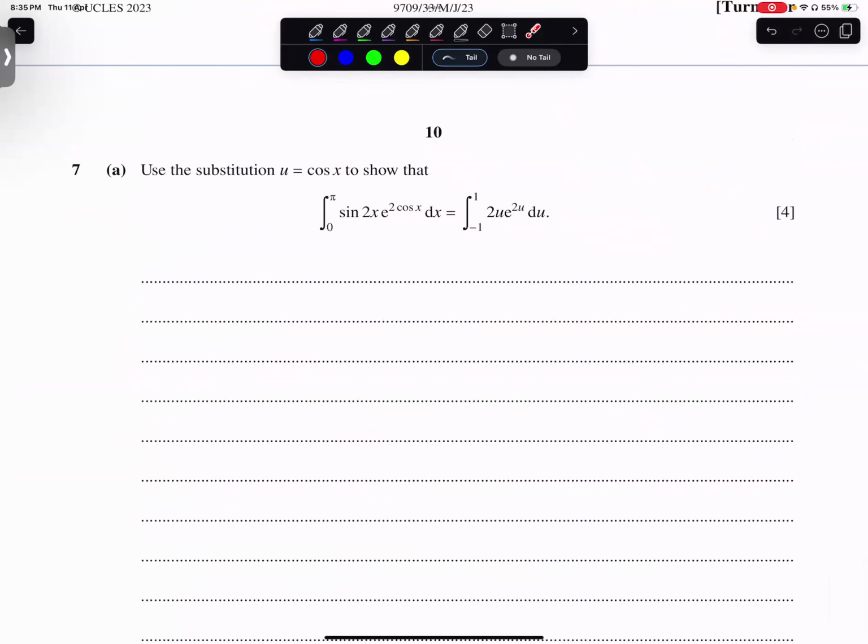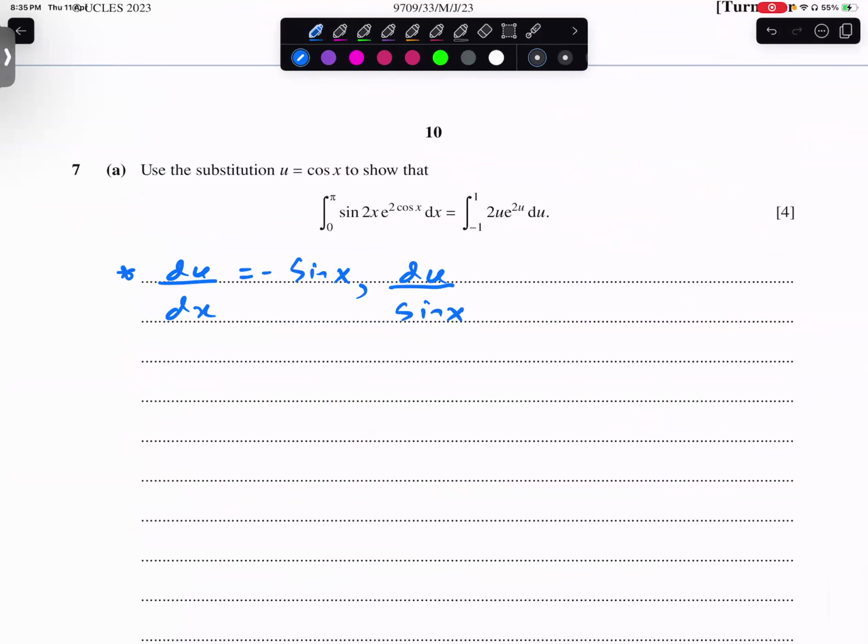Use the substitution to show that. Substitution means, take the first step: du by dx will be minus sine x. So du over minus sine x is equal to dx.